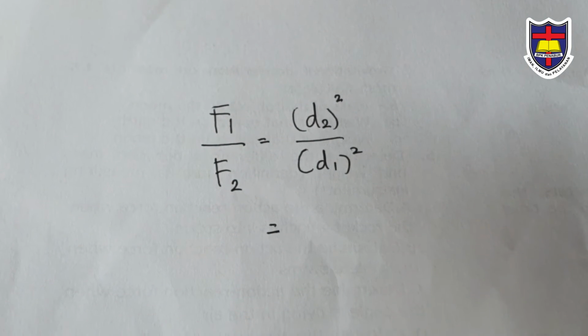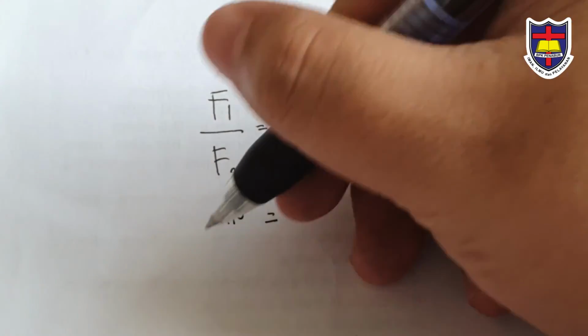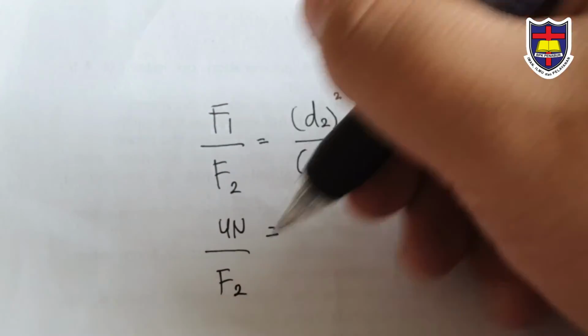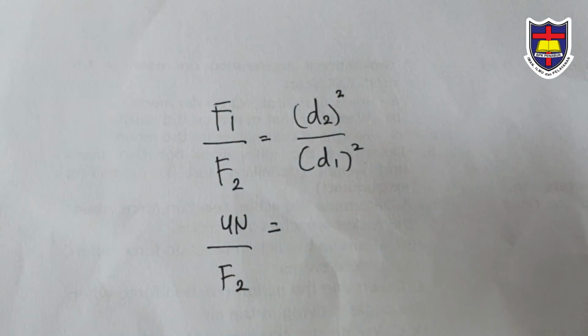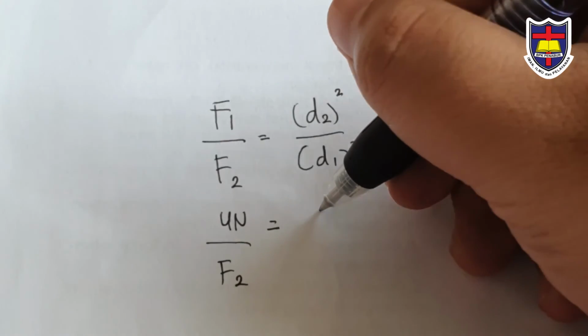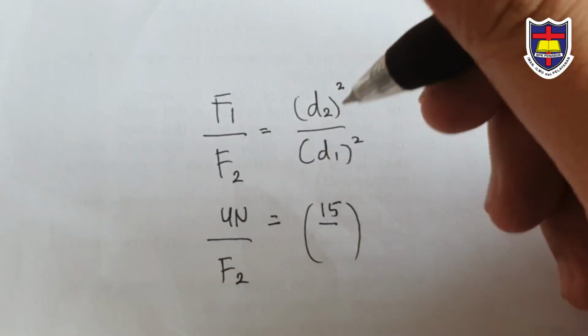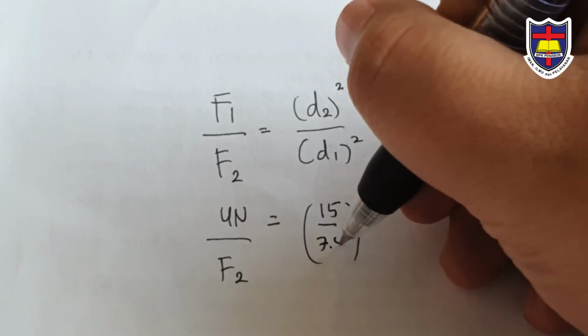F. So the first F is 4 Newton, and we must find the value of second force. Second distance is 15, and then the first distance is 7.5.